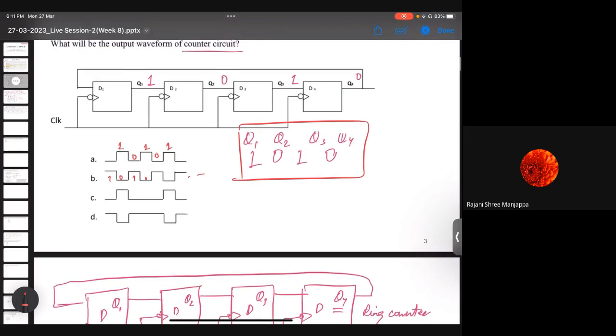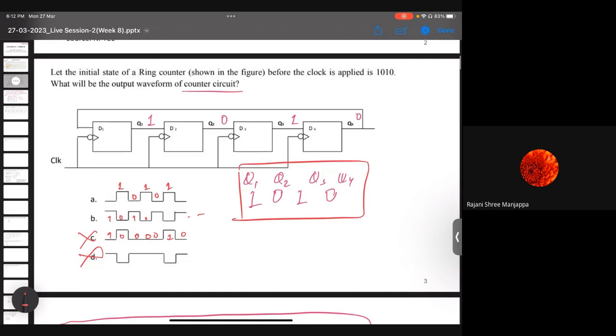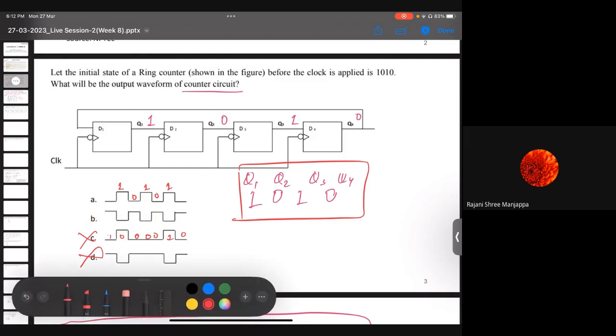Now these two cannot be the answer because they give some different states, like a long time at zero, so we have only two options, A and B. The initial state was 1010, so if I try to match the answer, it will continue always like 10101010. You can mark either answer, but the most correct one is this, because the initial state was given as 1010. So the correct answer to this question is option B.